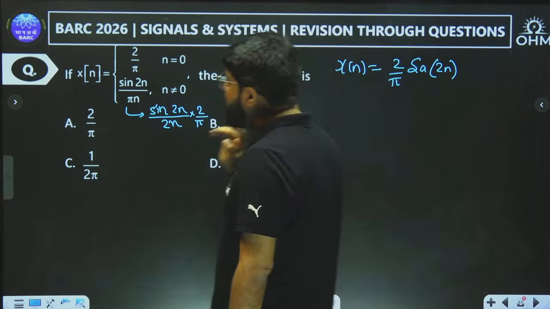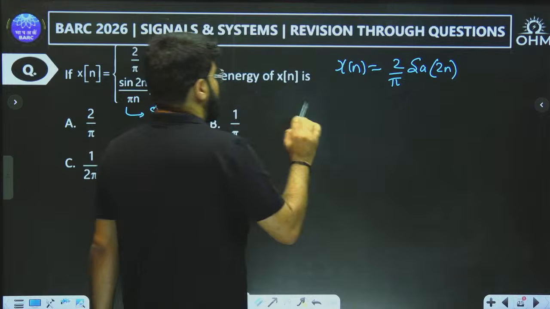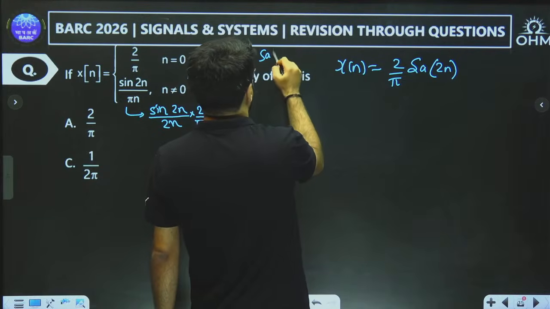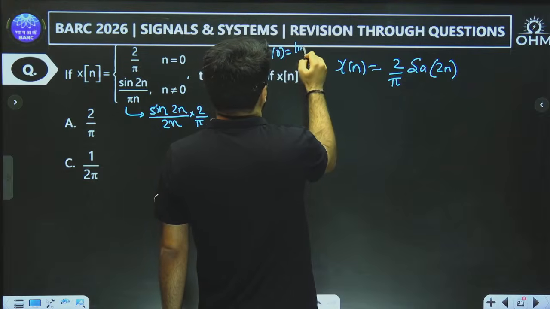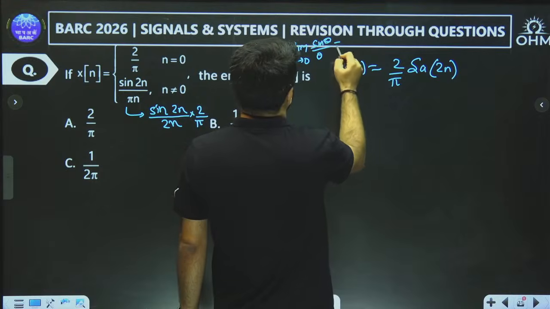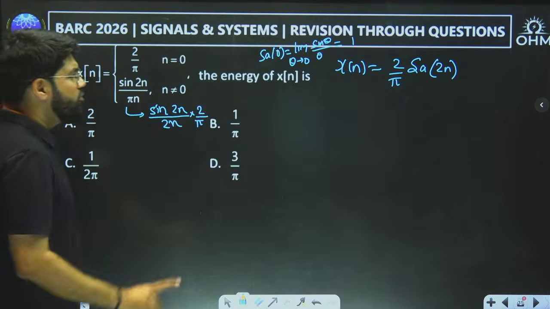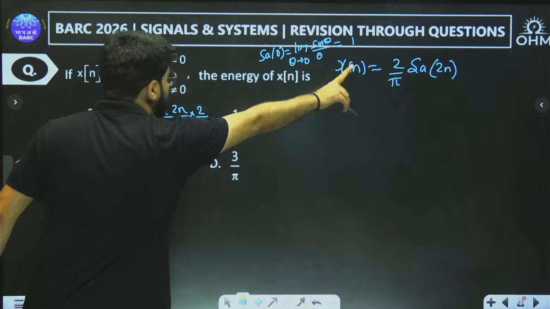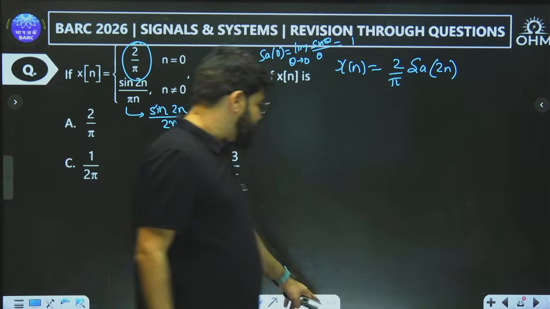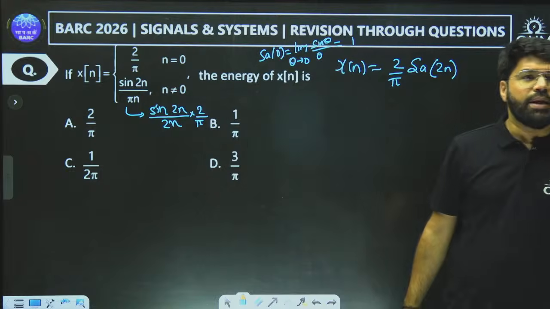Now at n equal to 0, what is the value of sampling 0? Sampling 0 means limit theta tending to 0 of sine theta by theta, and by L'Hospital rule, it is always 1. So both the conditions can be summarized by one single definition: x[n] is 2 by pi, sampling 2n.